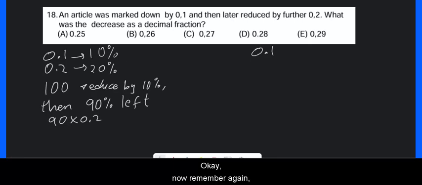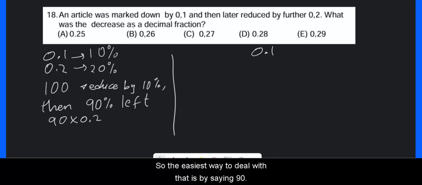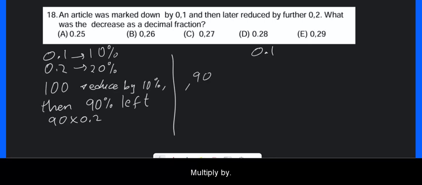Okay, now remember again, you don't use a calculator, so the easiest way to deal with that is by saying 90 multiplied by 2, treat the 2 as a normal value, like as in without decimals. Now 2 times 0 is 0, 2 times 9, it is 18. So you have got 180.